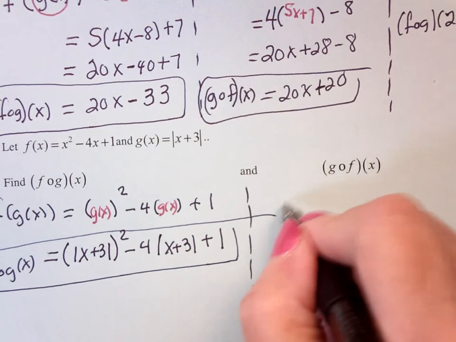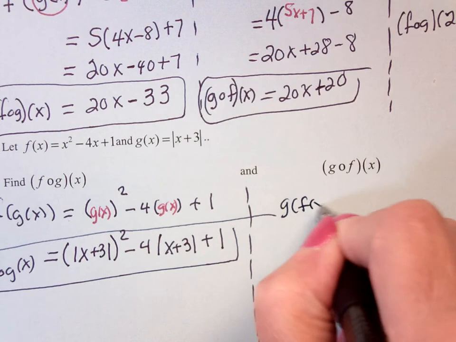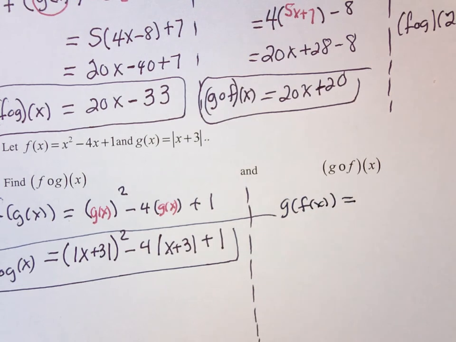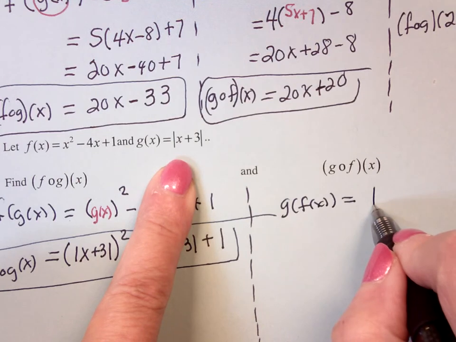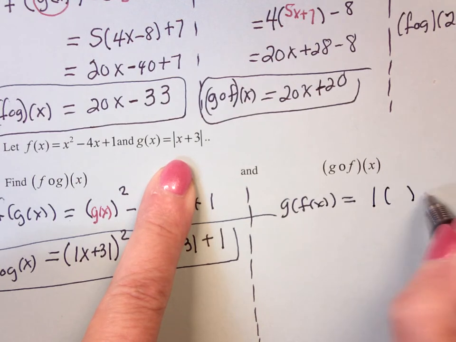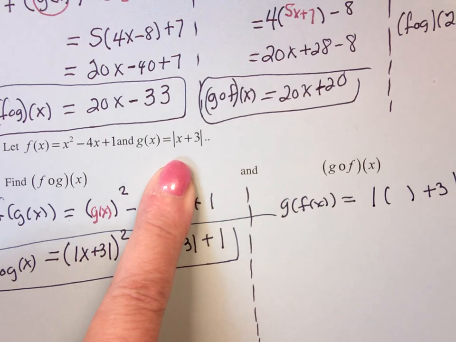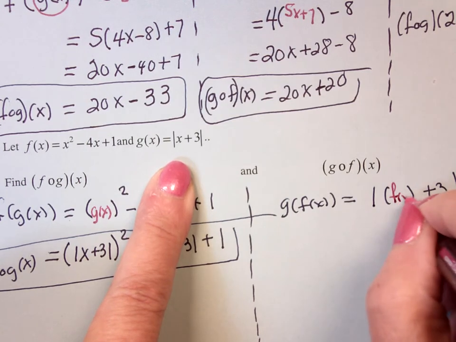g o f, remember, is g of f of x. So that says in g, and g is the absolute value of x plus 3, wherever I have an x, I'm going to put f of x.